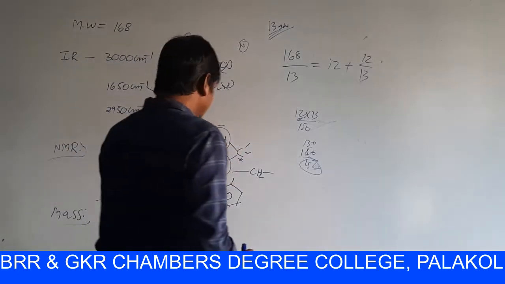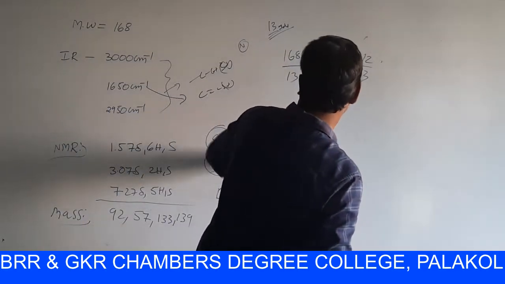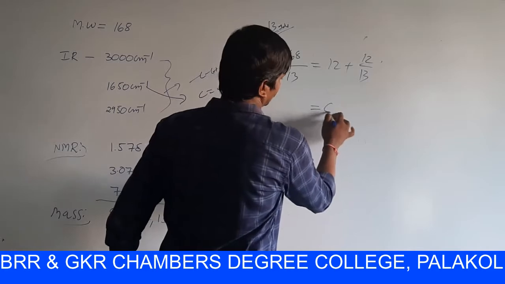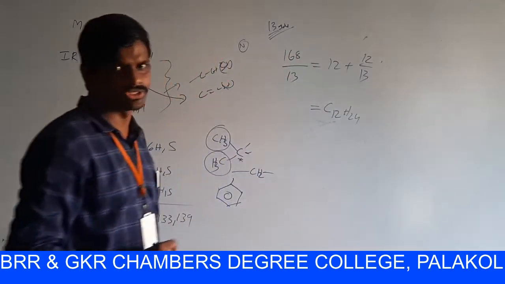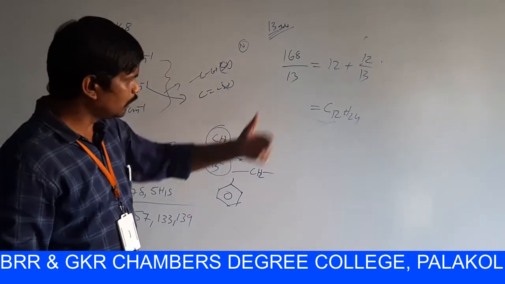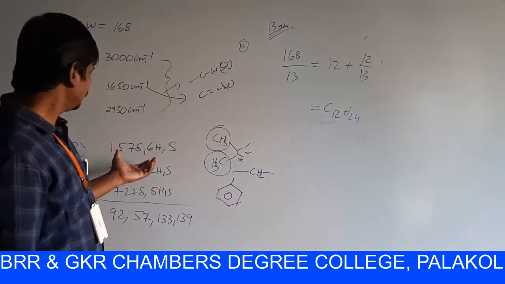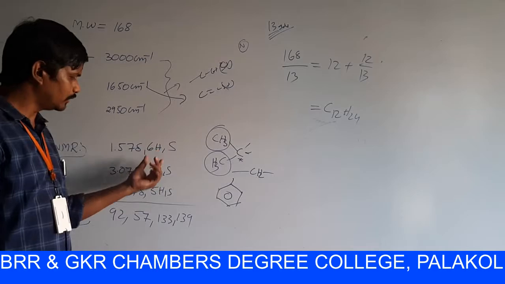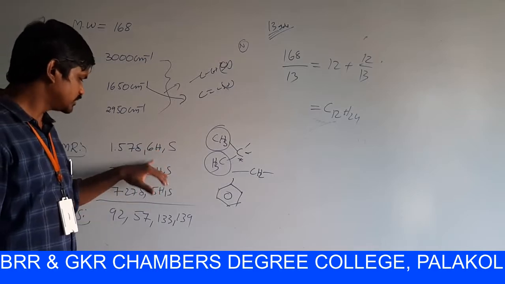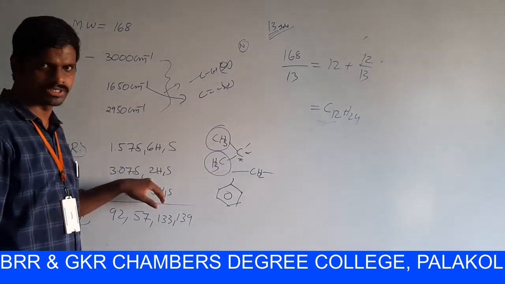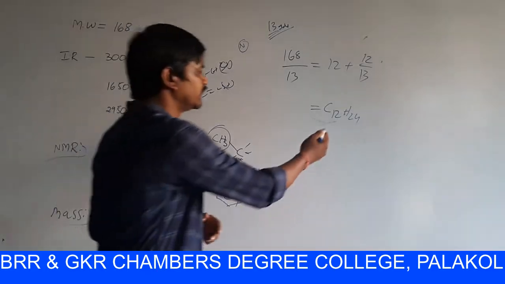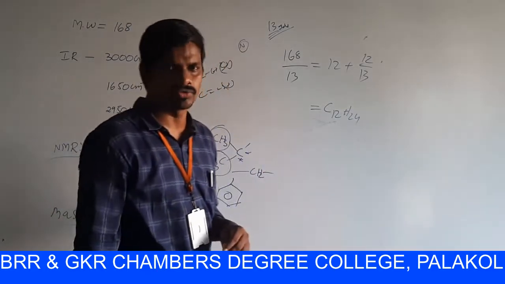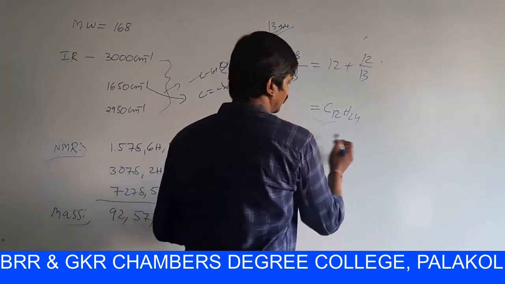Now, based on this information, the hydrocarbon formula is C12H24. By observing the NMR data, we have only 6 plus 2 plus 5, that means 13 hydrogens, but in the hydrocarbon molecular formula we have 24 hydrogens, so there is an excess of hydrogens.